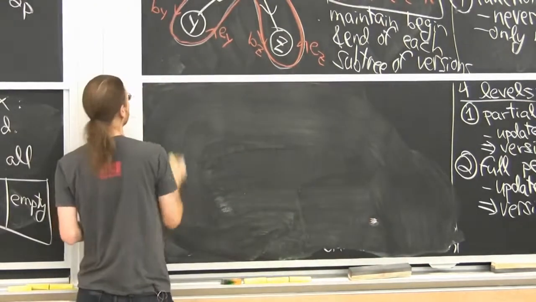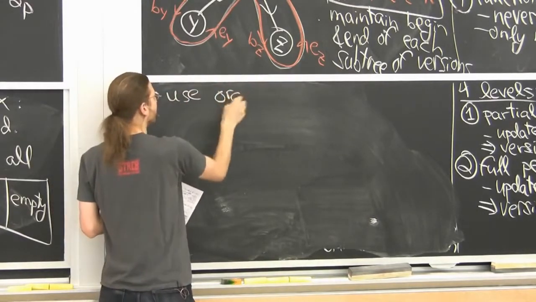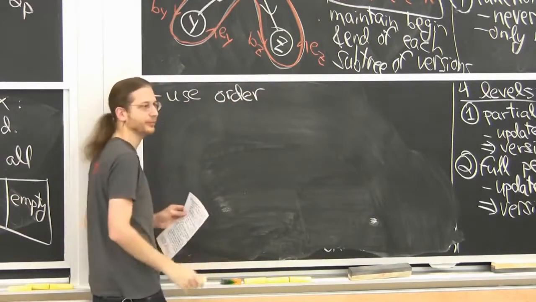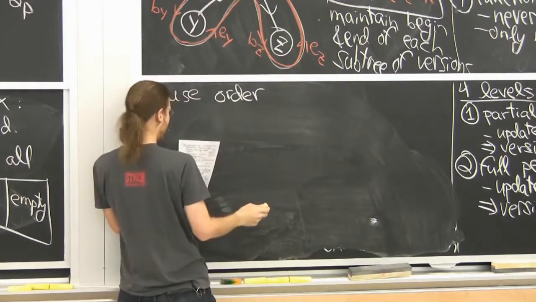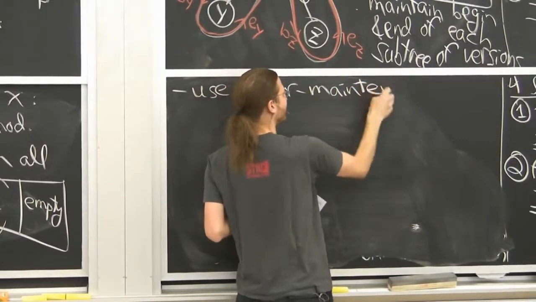So we're going to use a data structure we haven't yet seen. It will be in lecture 8. This is a time travel data structure, so I'm allowed to do that.